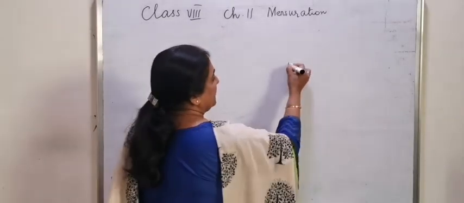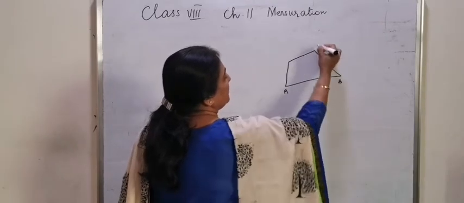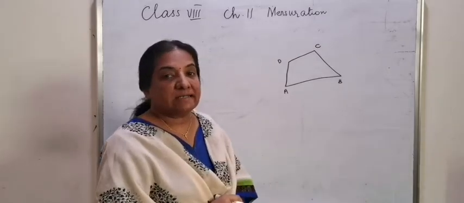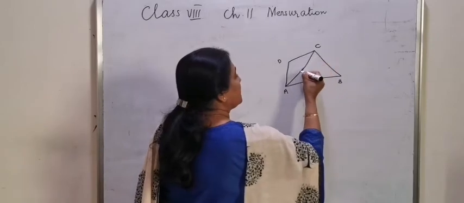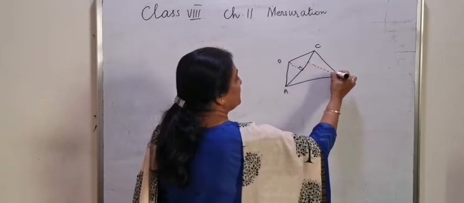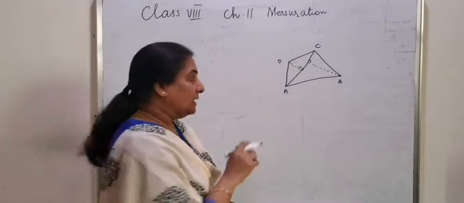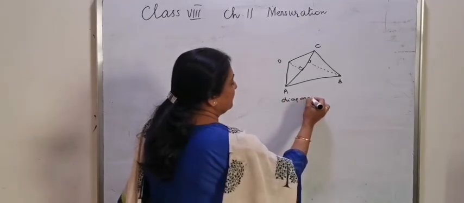For example, if any quadrilateral ABCD is given to you, the area of this quadrilateral can be found out if the length of the diagonal as well as the corresponding altitudes to this particular diagonal are given to you. So let us call the diagonal AC as d.